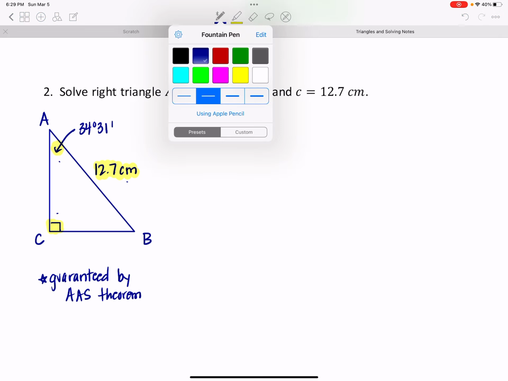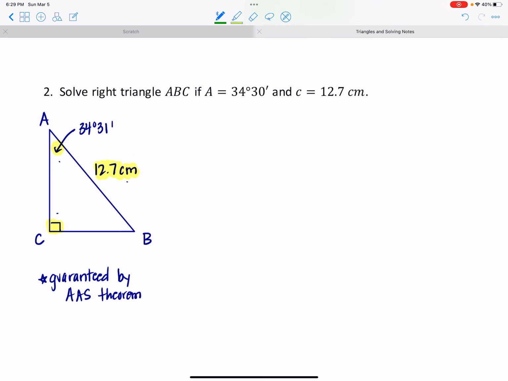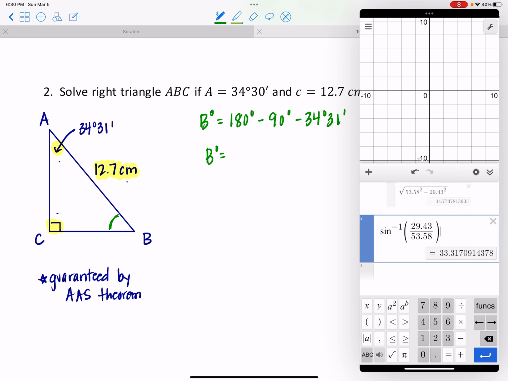I think the angle would be the easiest one to find here first, the missing angle B, because again the 3 angles in the triangle have to add up to 180 degrees. So angle B, just like we did a few minutes ago, if I take 180 degrees and subtract out the 90 degree angle and subtract out the 34 degree 31 minute angle, then I'll have left the measurement of angle B. So let's do a little mathing here.